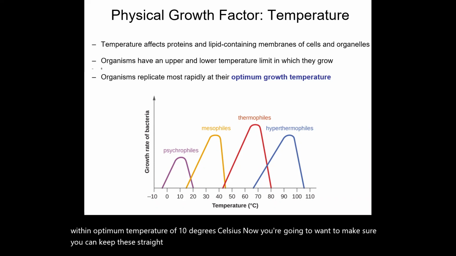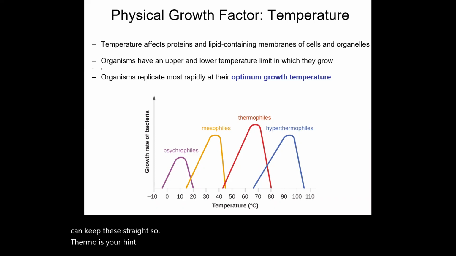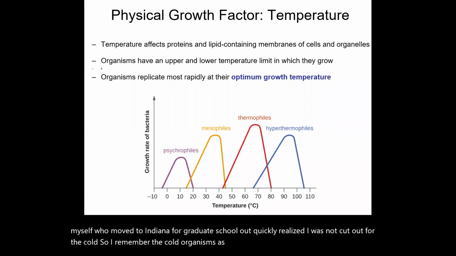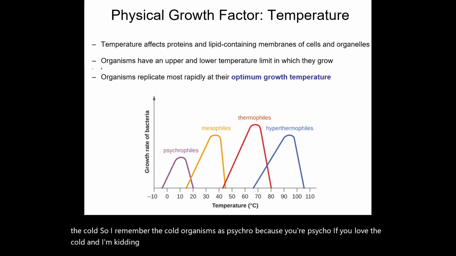So thermo is your hint that you're looking at the higher temperatures. And being a Texas girl myself who moved to Indiana for graduate school, I quickly realized I was not cut out for the cold. So I remember the cold organisms as psychro because you're psycho if you love the cold. And I'm kidding, I'm not trying to offend anybody. It's just a way that I always remembered it. But make sure, again, you know the growth ranges and the optimal temperatures.